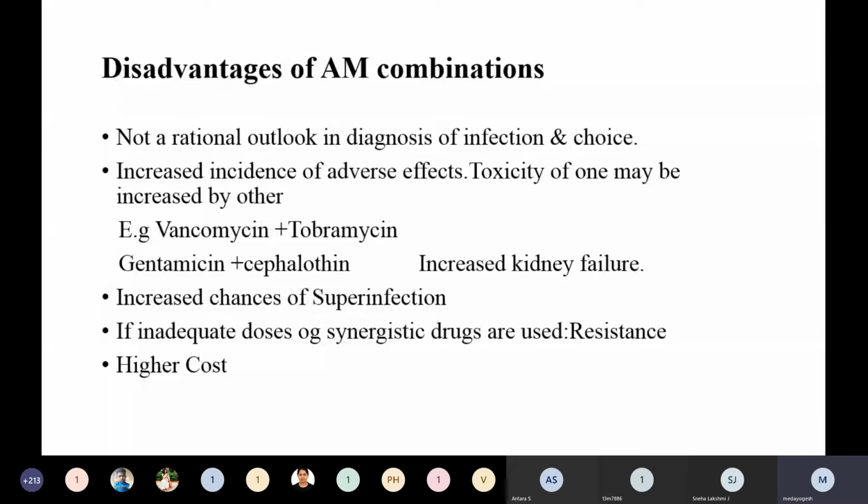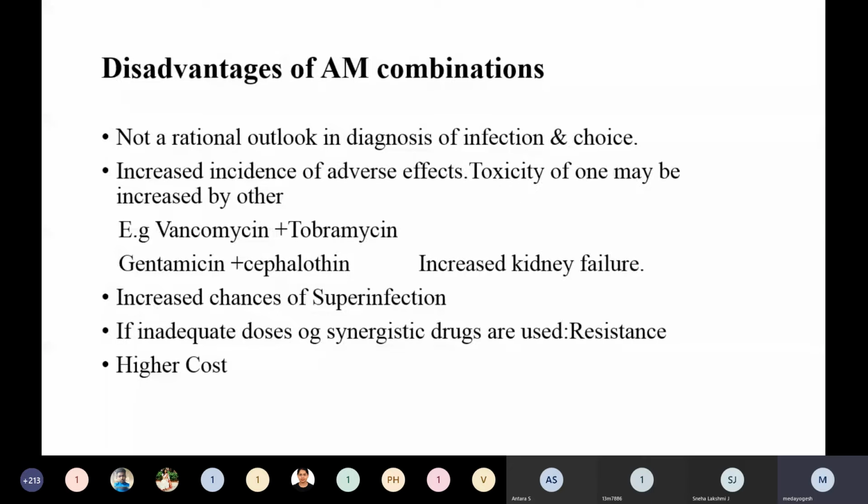As we know, multiple drugs, more chances of adverse effects. Sometimes toxicity of one drug is increased by another. Example, vancomycin with tobramycin or gentamicin, cephalothin. When we use this combination, there is increased risk of kidney failure or increased damage to the kidneys.